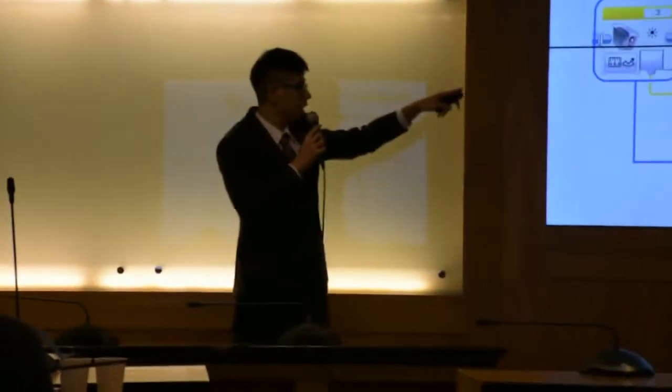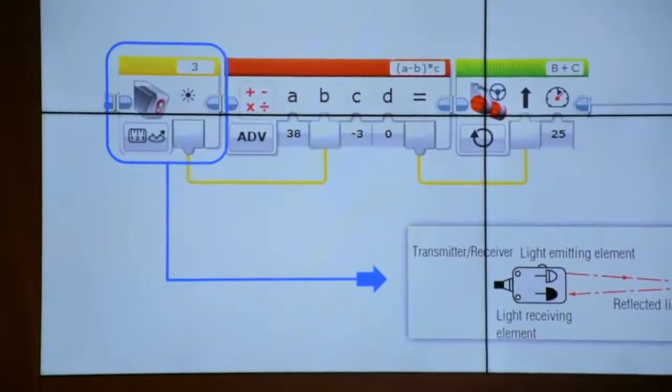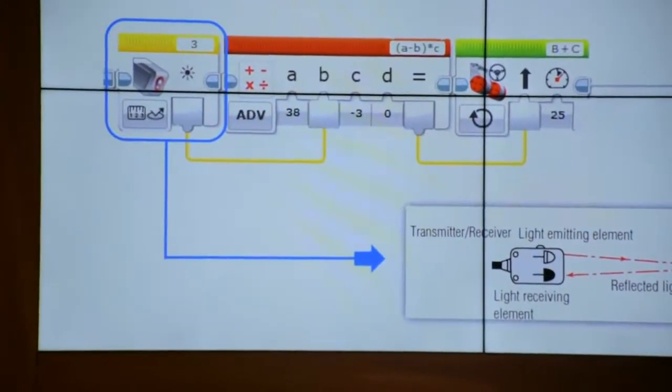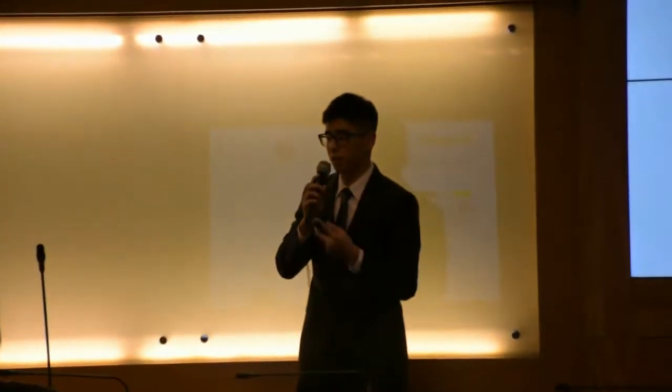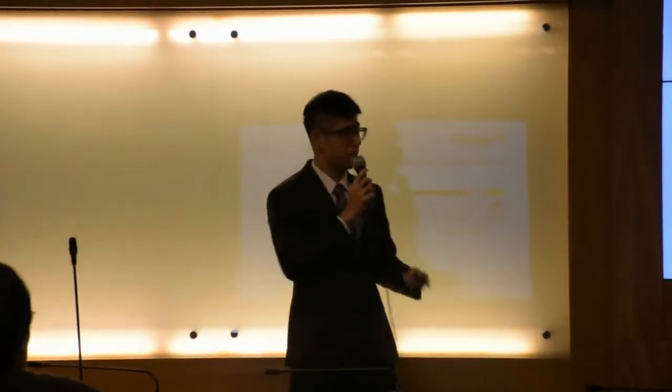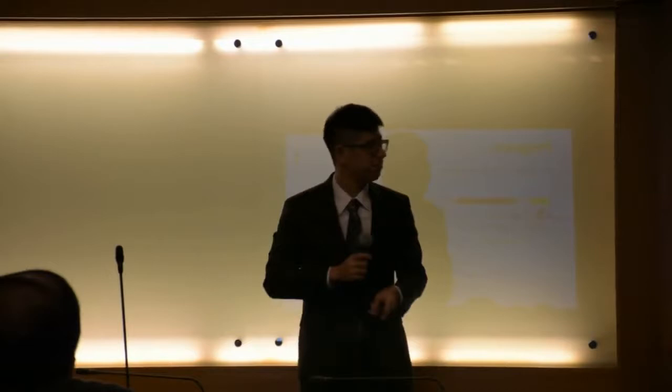And the B represents the color parameter. And after the robot dog starts to move, it will do some calculation. And if the outcome is positive, which means the white color has been detected, the robot dog will turn right a little bit. Conversely, if the outcome is negative, which means the black color has been detected, the robot dog will turn left a little bit.